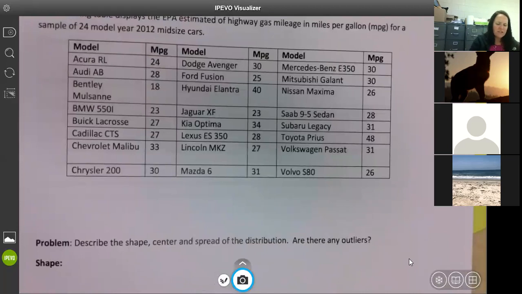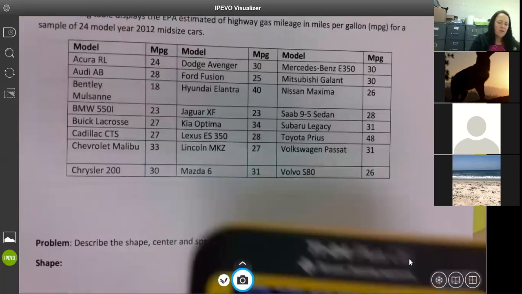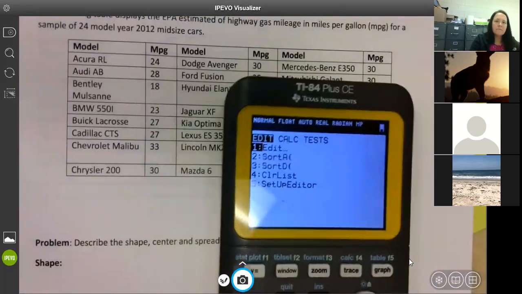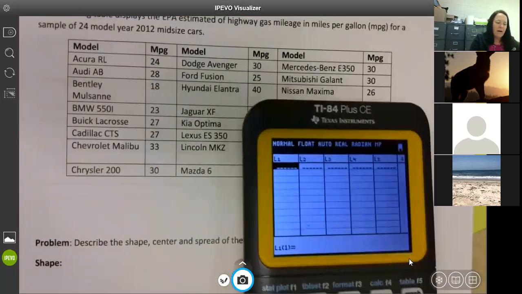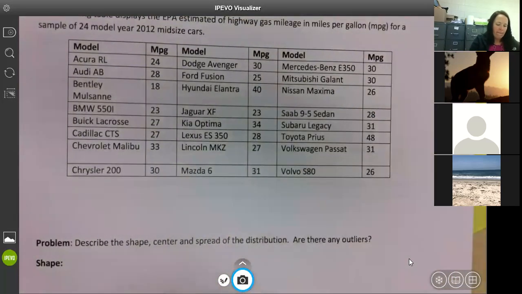So go into your stat, and edit. I hope you have it. And take a minute to put these in. It does take a minute, and you will have to do this a lot at times.